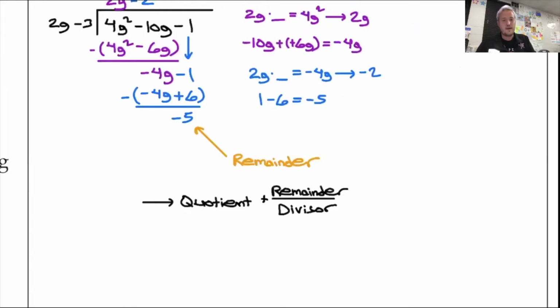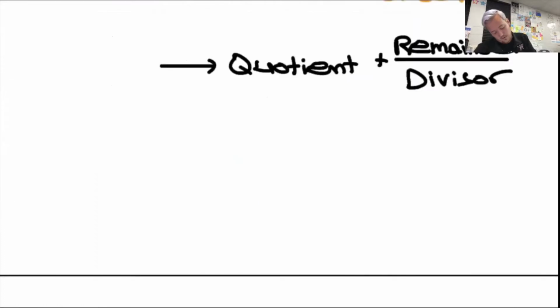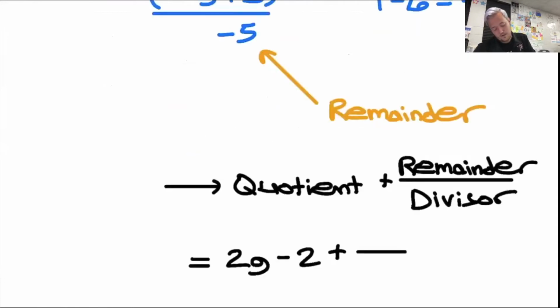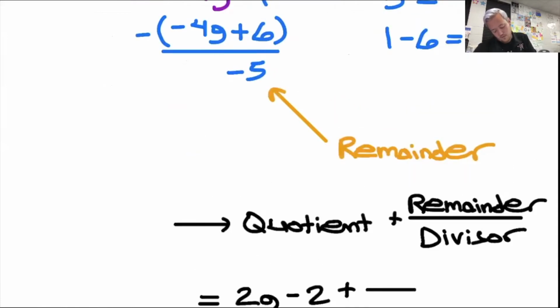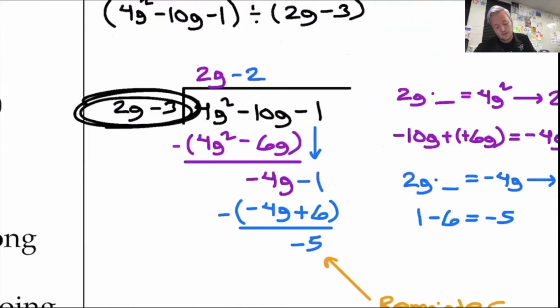So remember, your divisor is the value on the outside. So I'm going to write what's across the top. So 2g minus 2 plus our remainder, which we have is negative 5, over the divisor, which is 2g minus 3.